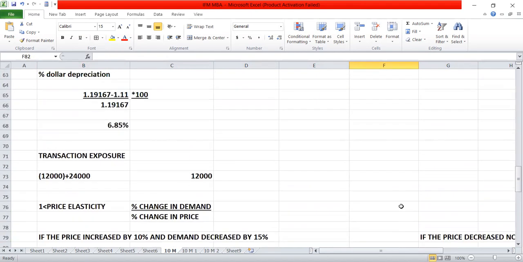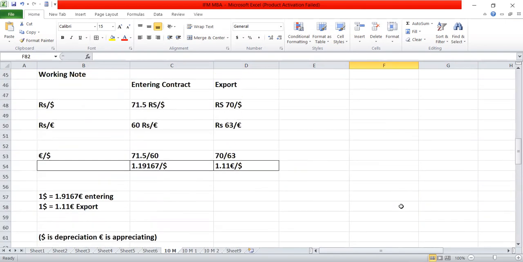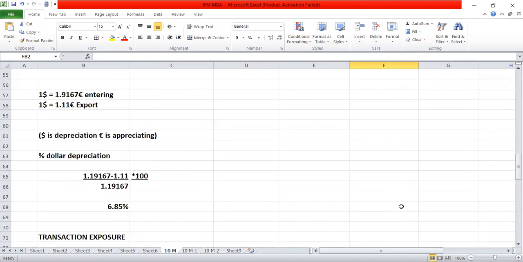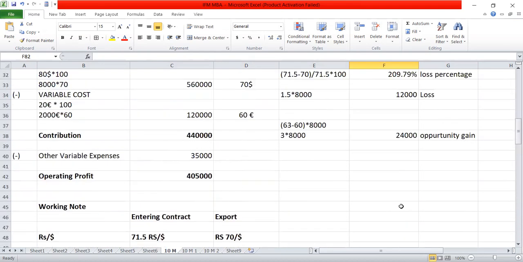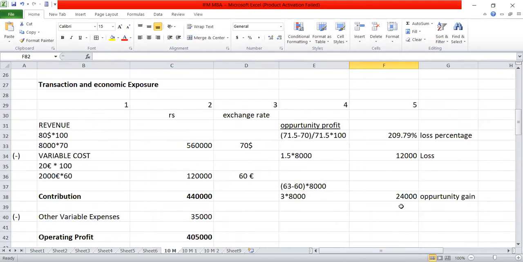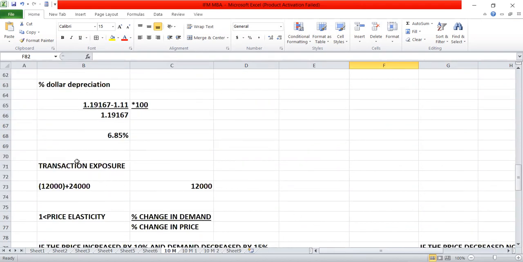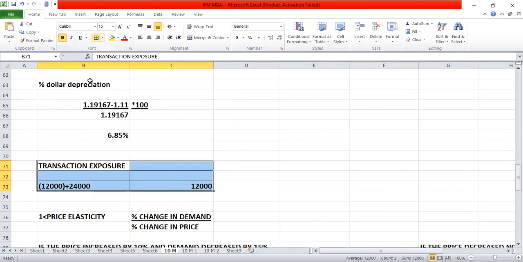The substitution part is transaction exposure. See, this is what transaction exposure is. So minus 12,000 opportunity loss plus 24,000. The total 12,000 rupees is profit. So this is what transaction exposure and economic exposure.